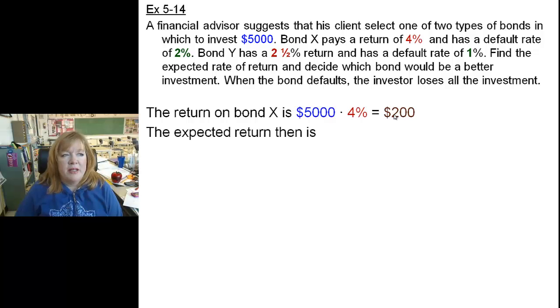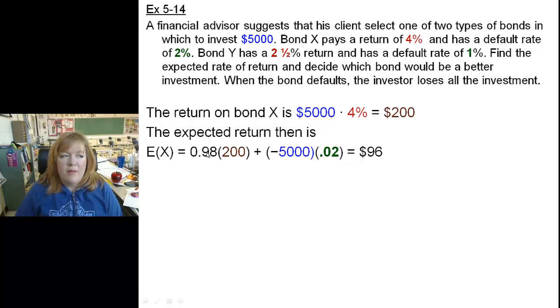So the expected return is going to be 98% chance, the probability of you winning, because the default rate is 2%, is going to be 1 minus 0.02, or 0.98. The possibility of you losing $5,000 is going to be 2%, which they gave in the problem. You can see that comes right down there. If you add those up, you get $96.